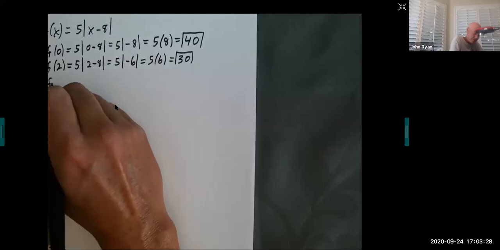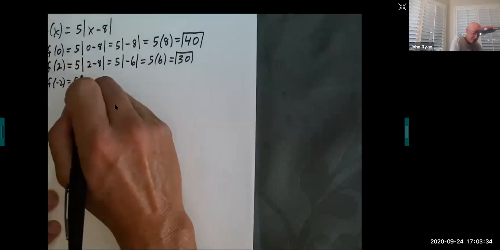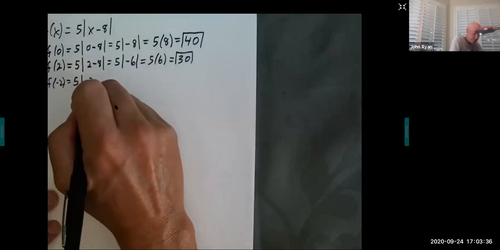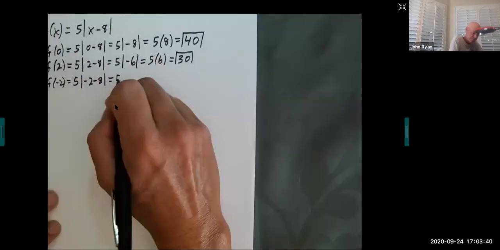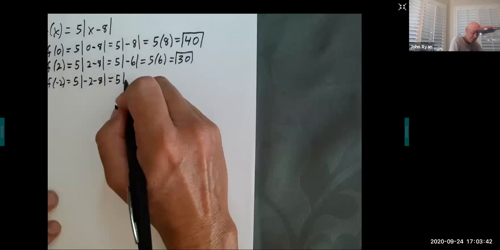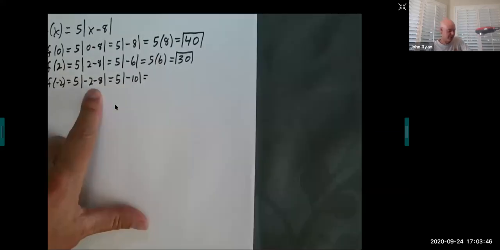Next up, we have f of negative 2, which means I'm going to replace the x with a negative 2. Negative 2 minus 8 is negative 10. Absolute value of negative 10 is a positive 10.